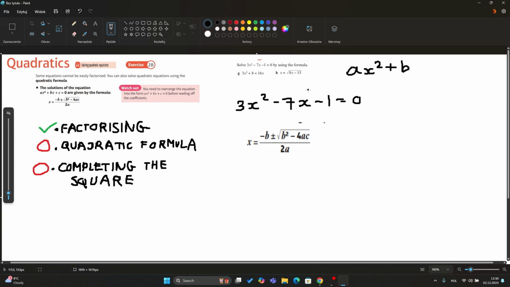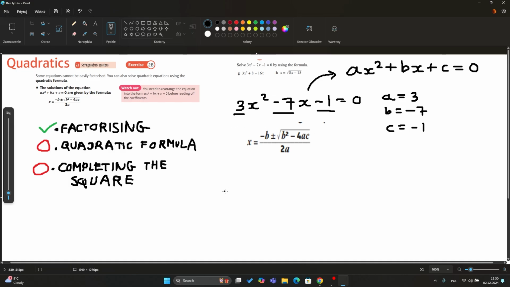This over here is in the form ax squared plus bx plus c, and the coefficients are taken to put them into the formula. Those coefficients would be 3, minus 7 and minus 1. So a equals 3, b equals minus 7 and c equals minus 1.